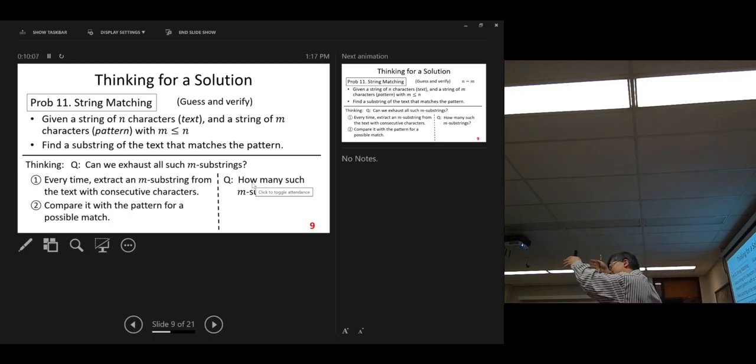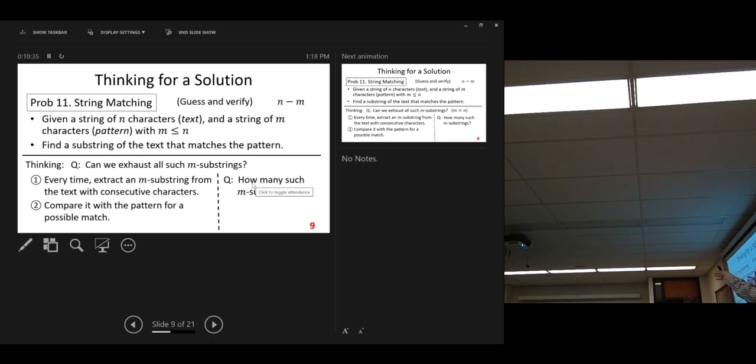You move from the beginning to the end. You start from the first substring, then n minus something. N minus what? M. Good, that's a really good guess. N minus m. Because that long substring already occupies a lot of positions, then you shift.